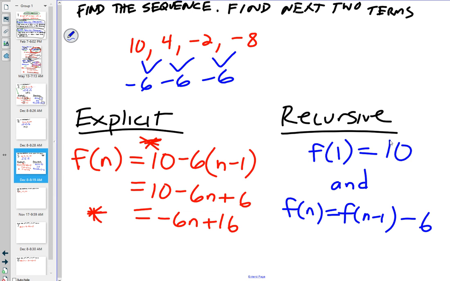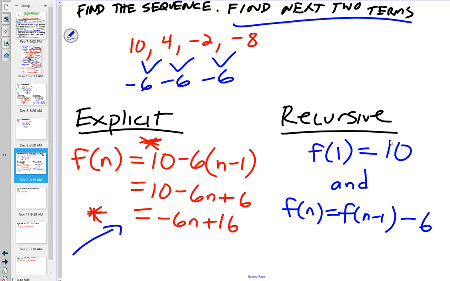Normally, when I'm going to find a missing term, usually the most convenient method is the explicit one. But because these numbers are coming right afterwards, I would even tell you just to use the recursive one, because the recursive is based on the number.